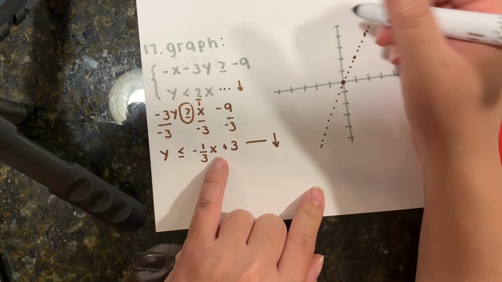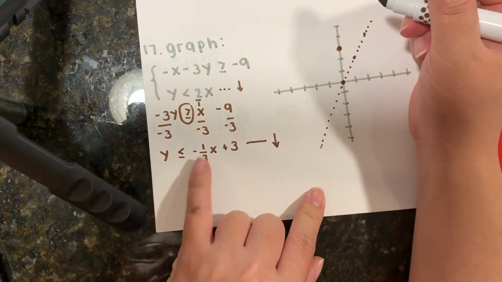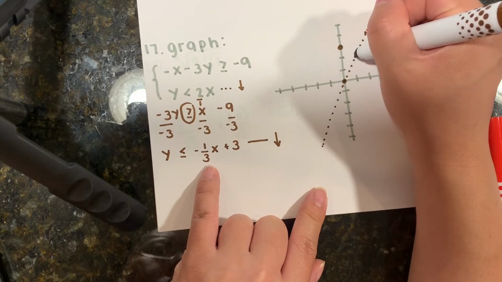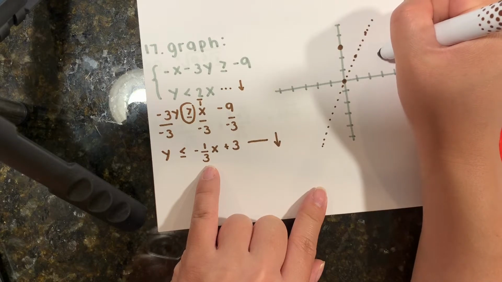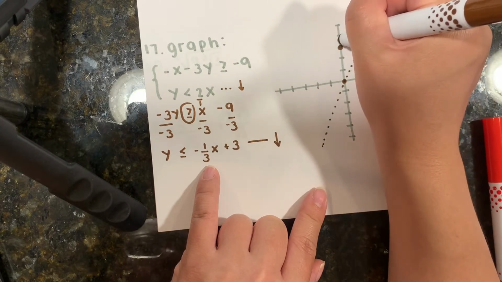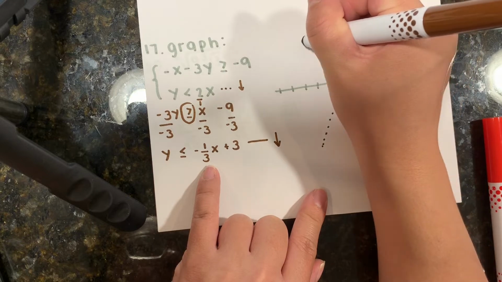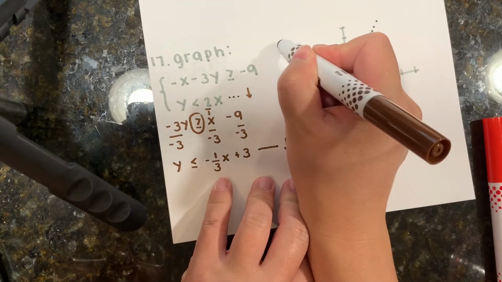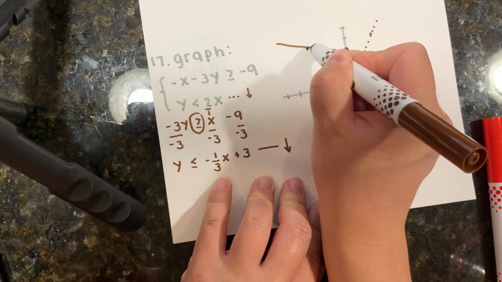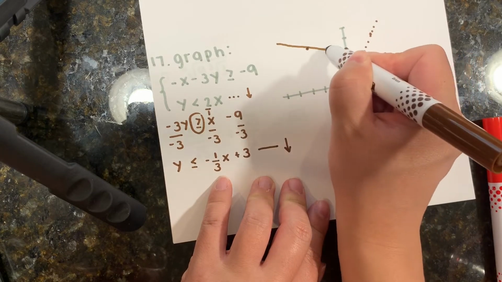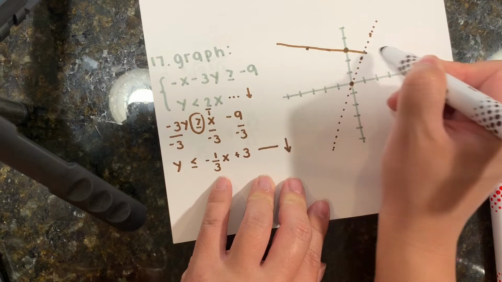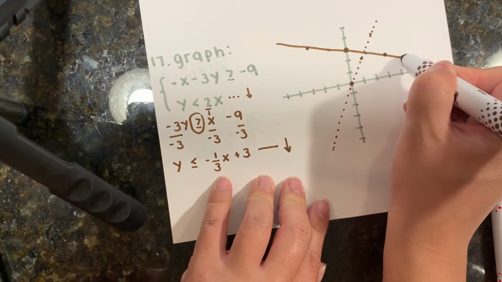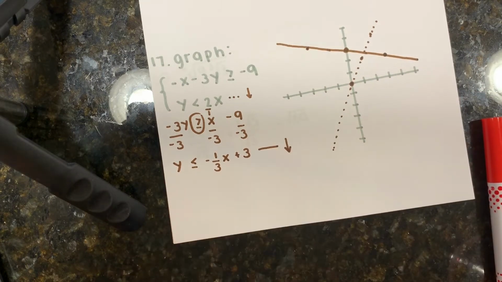Now my second line is going to cross at positive 3, but the slope is down 1/3. Or you could always do up 1 to the left 3. And this one's going to be a solid line. Like that. So now comes the shading.